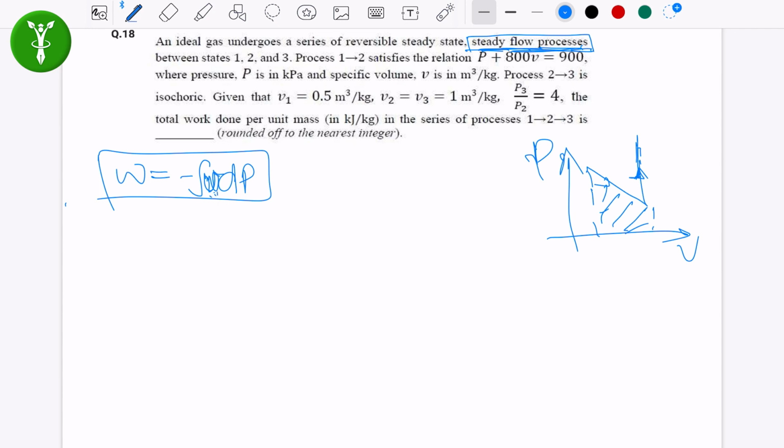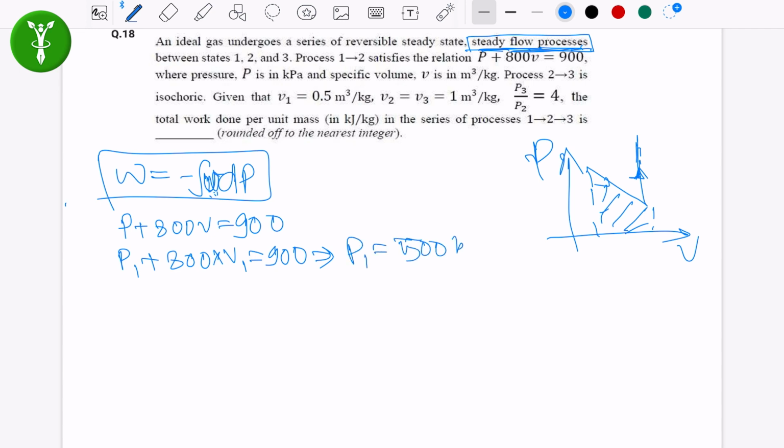So let's find out the pressures at different points. For process 1 to 2, we have P plus 800 V equal to 900. Using this, P1 plus 800 V1 equal to 900, V1 is 0.5, so that will make it 400. 900 minus 400 is 500 kilopascal.